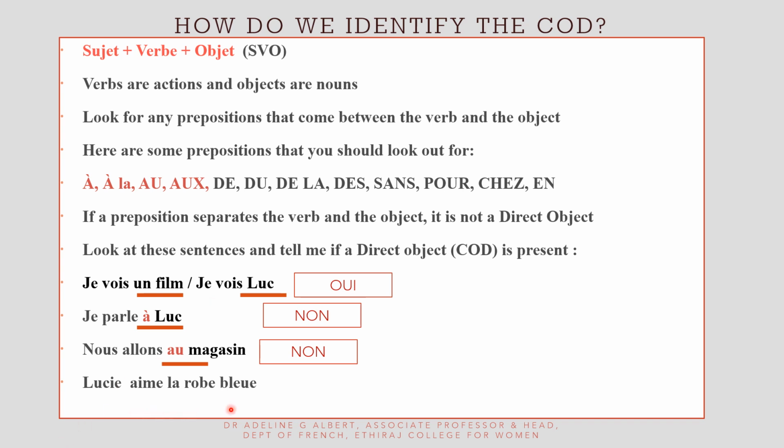Lucie aime la robe bleue. Subject, verb, object. In between your verb and your object, you don't have any of these prepositions. Therefore, the last word is a direct object. So can you see the difference now between direct and indirect objects?